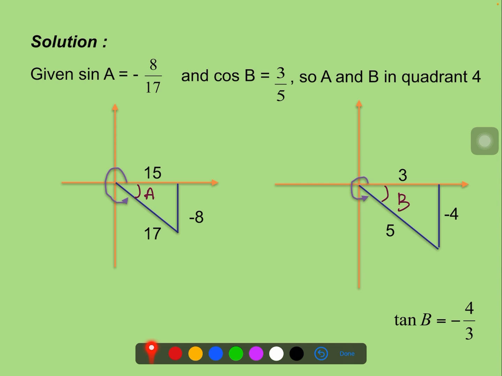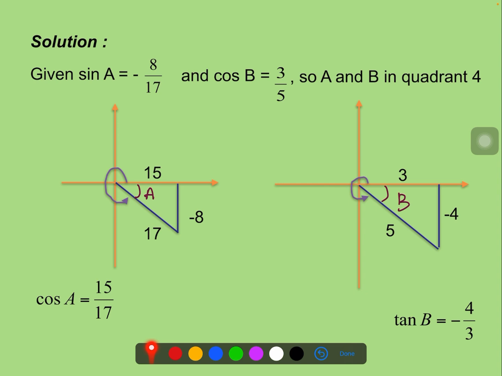Now we refer to the angle A. The given info is minus 8 over 17 for the sine A. So therefore, this adjacent must be 15, and you can have cos A will be 15 over 17.